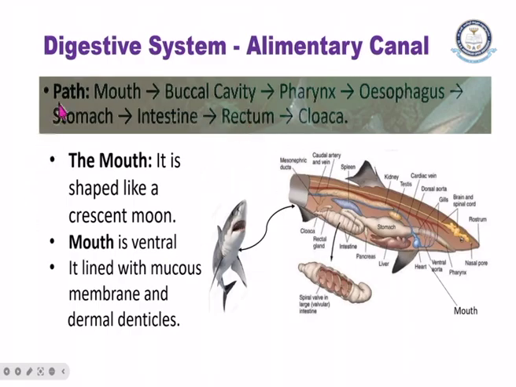Finally, the food the Scoliodon has taken through the mouth passes through these parts of the alimentary canal, and after absorption of the digested food, the remnants or waste will be eliminated through the cloaca. Here the anus is absent; the cloaca is the final region from which the waste is released.